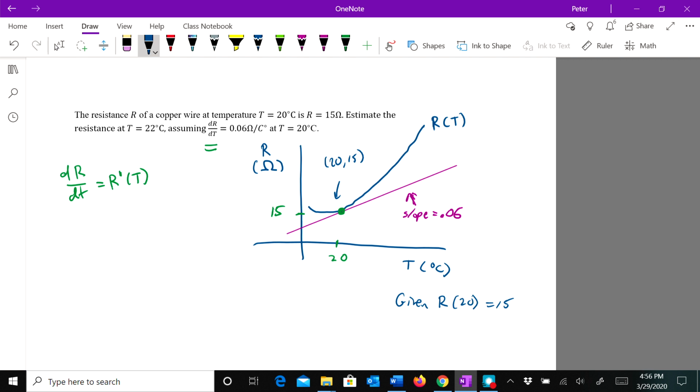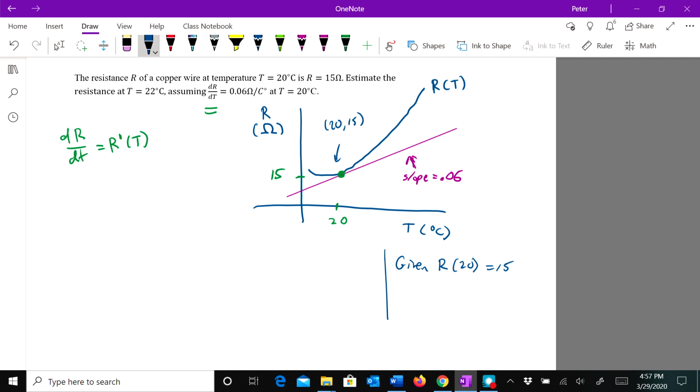What they're telling us is that this particular point, the point 20, 15, is on the graph, and that at t equals 20, in other words, right there, the derivative of that function is 0.06. In other words, it has a slope of 0.06. That's all that we actually need in order to find the linearization.